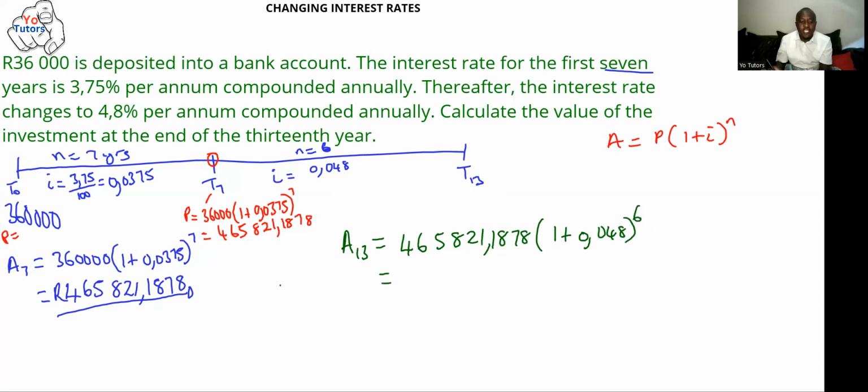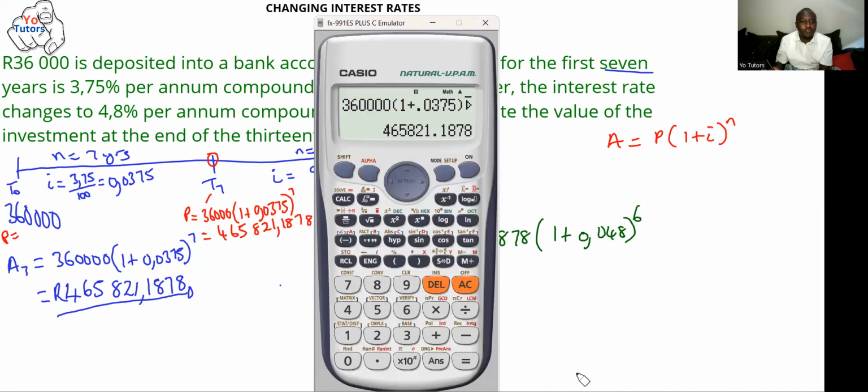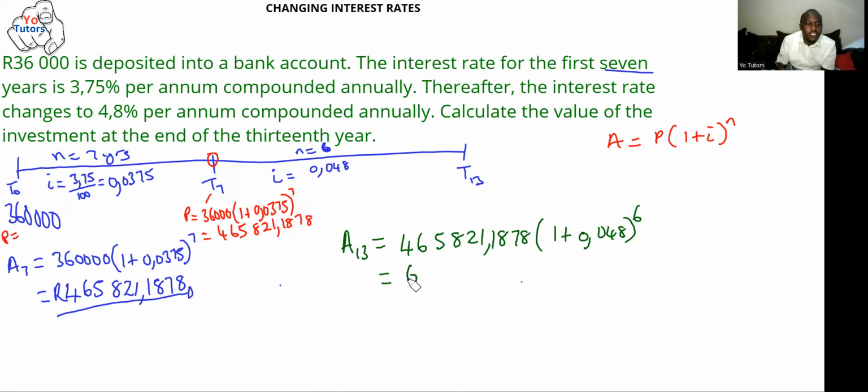Let's see what we get. We get 617,144.60.